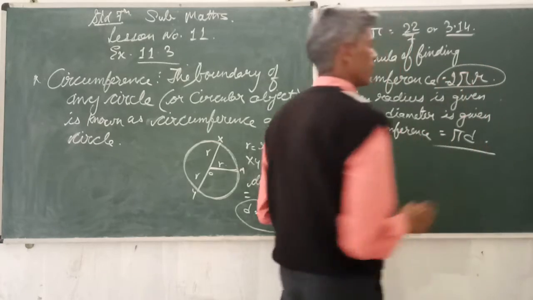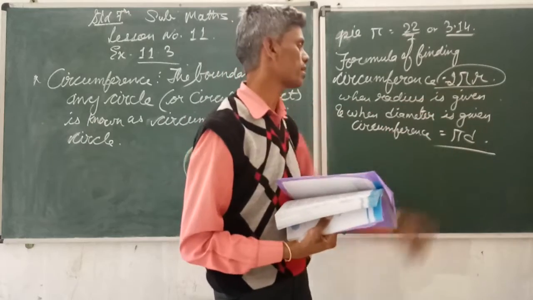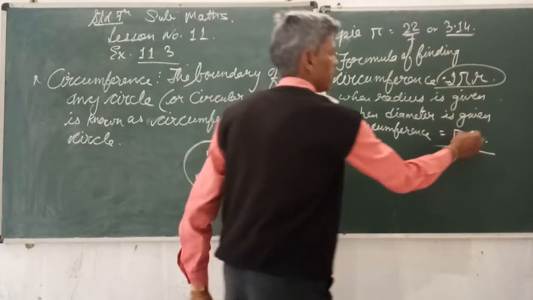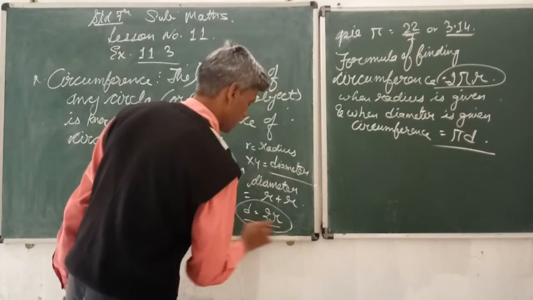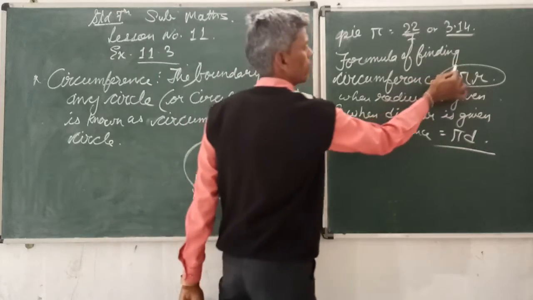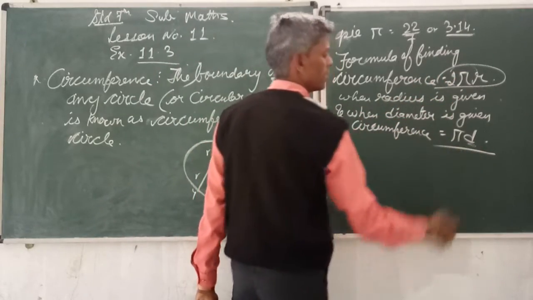These are the two formulas. Now, why pi d? We know that d is 2r. 2 into r means d.